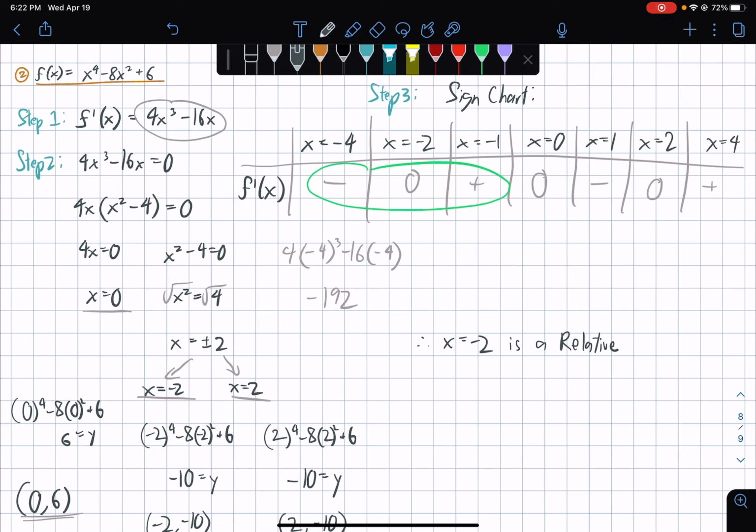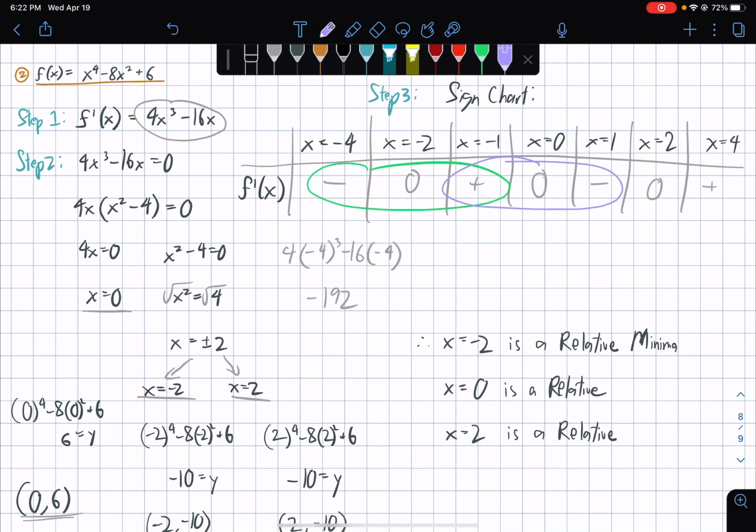So negative to positive, that is minima. x equal to 0 is a relative maxima. And then x equal to 2 is a minima, the same as -2.